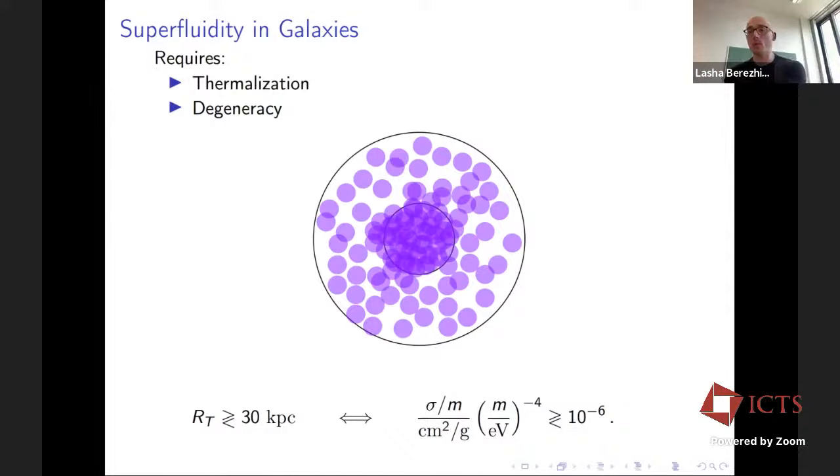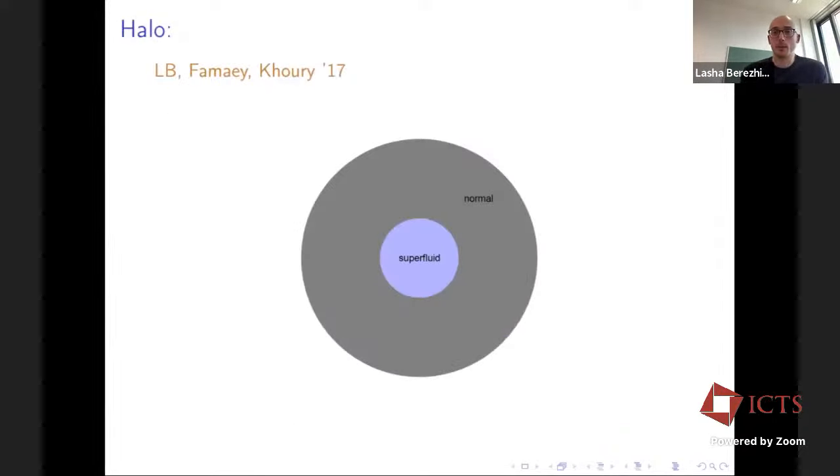It has interesting consequences that initially we did not realize, and only later we thought about. So the final image that we had in our mind was that you would have the halo, and a certain central region that depends on parameters of the theory would thermalize and form a superfluid core, and it would be surrounded by the envelope of normal CDM-like distribution, the NFW tail of the halo.